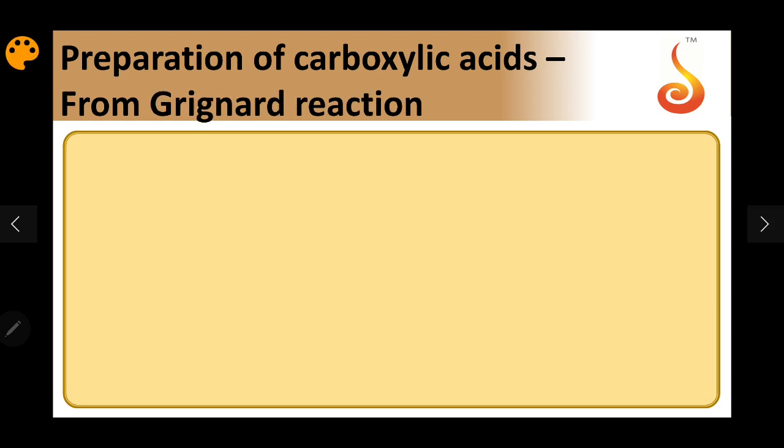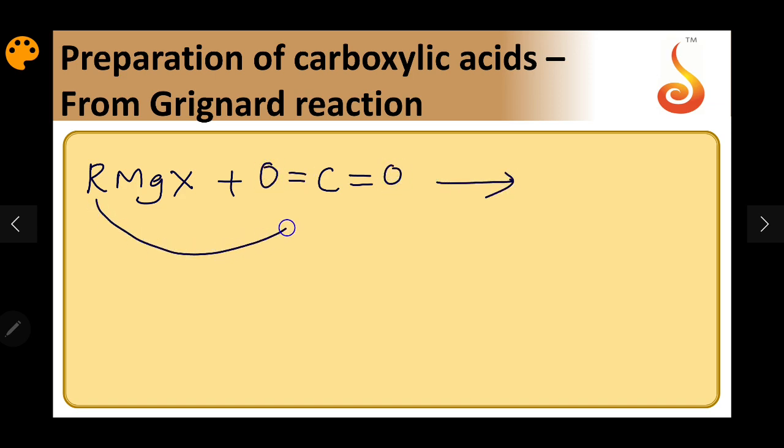From Grignard reaction, RMgX is reacted with carbon dioxide in the form of dry ice. If I react this, R will attack the carbon, electron pair goes to oxygen. So it becomes RC double bond O, O minus and MgX plus.